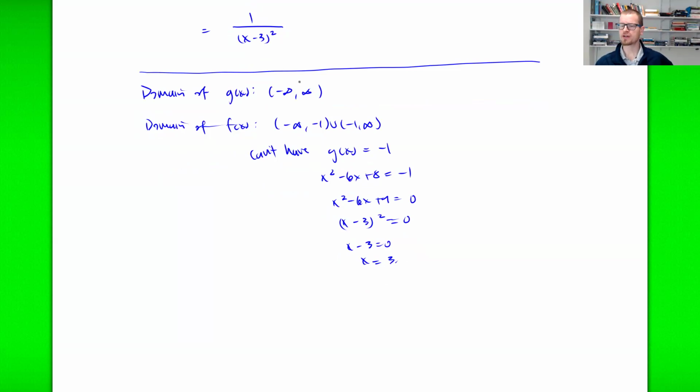We find the domain of G. We can plug in whatever we want into G. Cool. But whatever I get out of G, I have to be able to plug into F. That means that G of x cannot be -1.